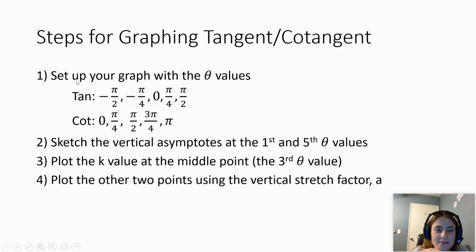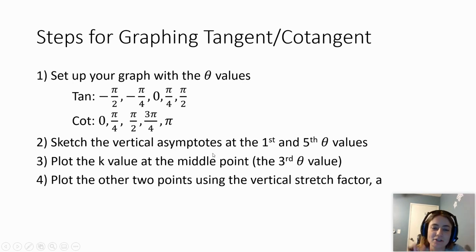Here we have the steps. So first we're going to set up our graph with the theta values. For tangent, we like to look in between negative pi over 2 and pi over 2, where those vertical asymptotes are. And for cotangent, we like to look between 0 and pi, where those vertical asymptotes are. So notice that we're looking at different theta values for tangent and cotangent.